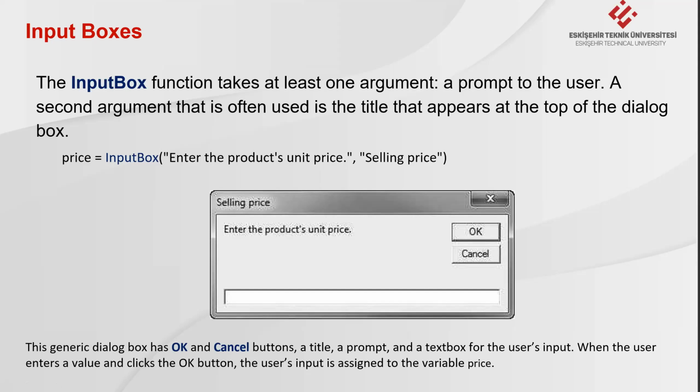As you see here, the dialog box has OK and Cancel buttons, a title, a prompt, and a text box for the user's input. So our text box is in here. When the user enters a value and clicks the OK button, the user's input is assigned to the variable price in here. So the variable's value is going to be the value entered by the user in the text box.